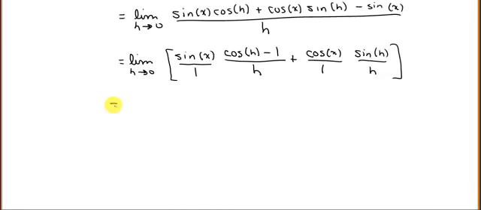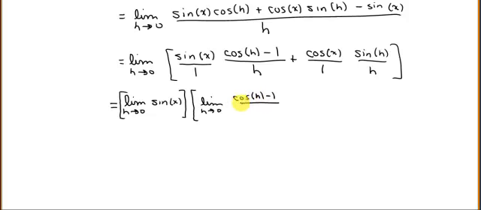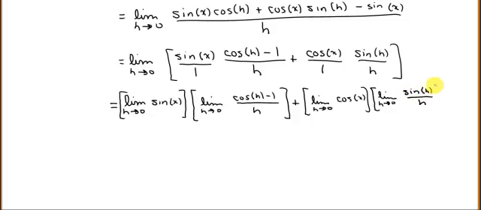This becomes the limit as h approaches 0 of sine of x times the limit as h approaches 0 of cosine of h minus 1 all over h, plus the limit as h approaches 0 of cosine of x times the limit as h approaches 0 of sine of h over h.